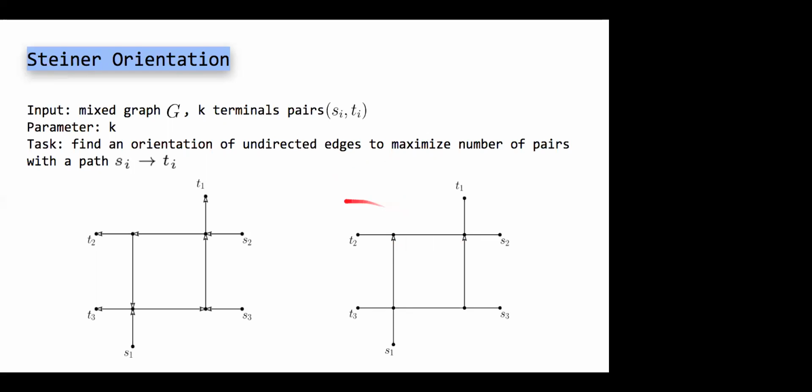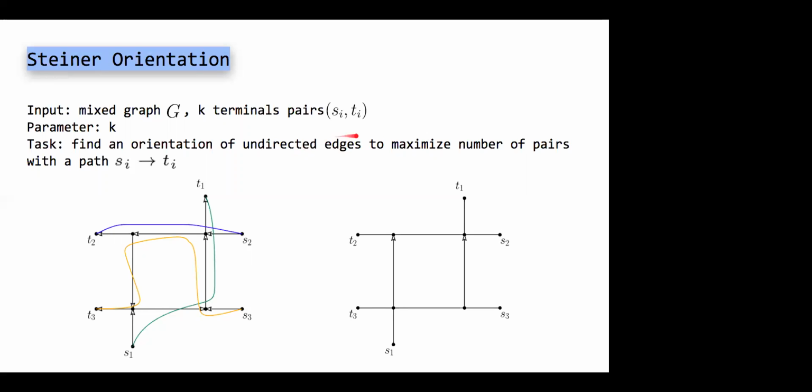So we can imagine such an orientation of these undirected edges on the left. And right now we can see that for each of these three pairs, there is a path from source to the sink, and note that these paths might intersect. Many paths might use the same edge.